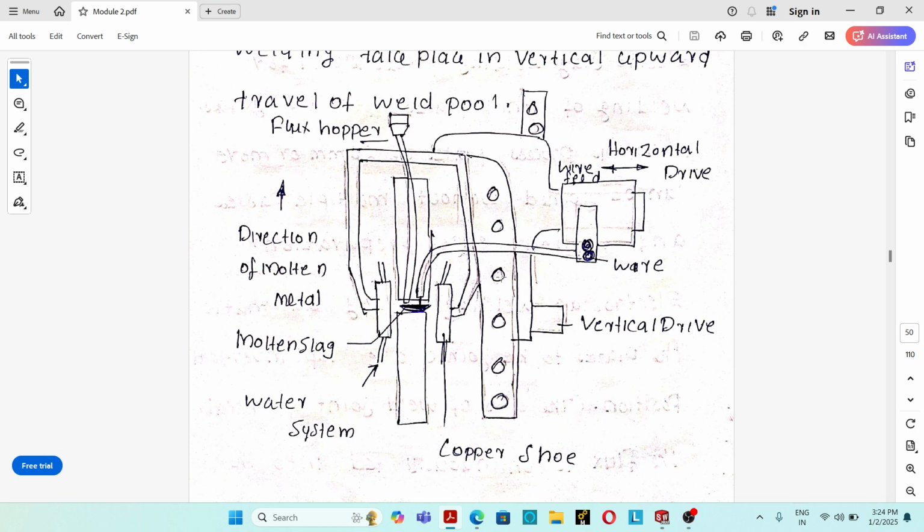Okay, so during the working of the electroslag welding process, initially the electrode wire touches the workpiece. In between the electrode wire and the workpiece, a conducting steel wool is used. When the electric current passes through the steel wool, an electric arc is produced between the electrode and the workpiece. At the same time, from the flux hopper, flux flows into the welding area.